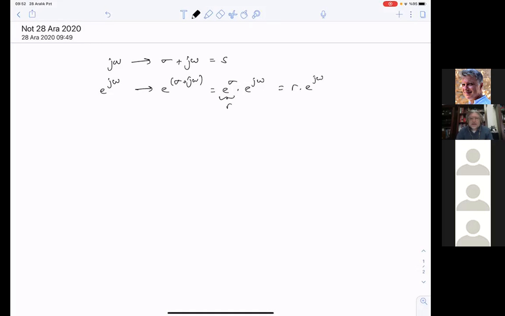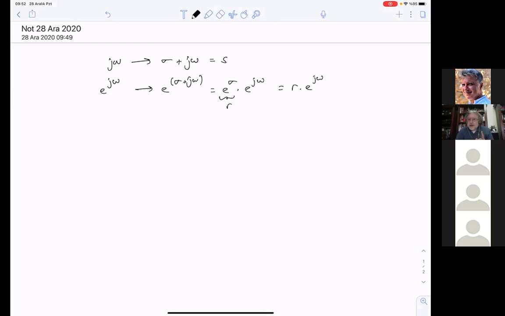And the reason that I am calling it r is it comes from the radius. What is the magnitude of e to the j omega when r is equal to 1? What is the absolute value, the magnitude of e to the j omega, which is a complex number?